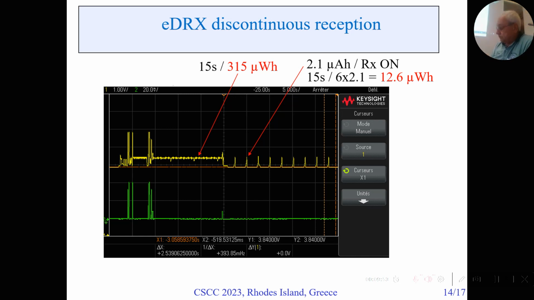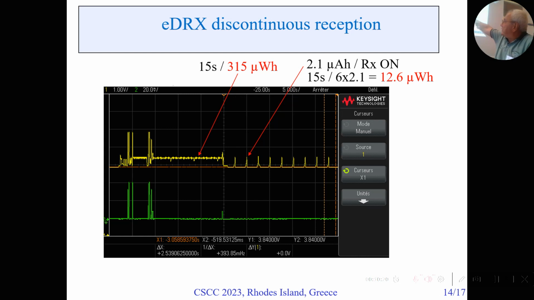In the discontinuous reception mode, you see that during the wait for acknowledgement, the receiver is switched on. So there is a power consumption, but the receiver waits for an acknowledgement. So the idea is to switch off the receiver and from time to time to switch on the receiver and to synchronize the acknowledgement with this time.